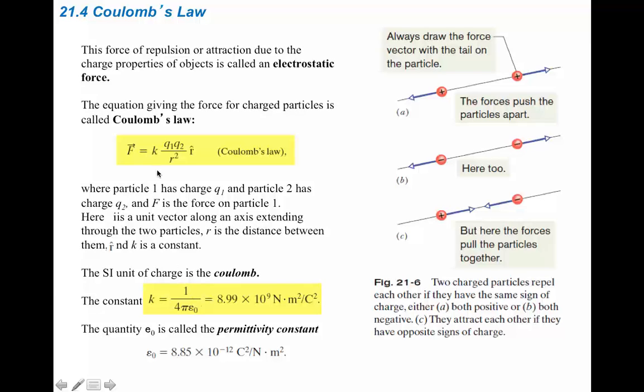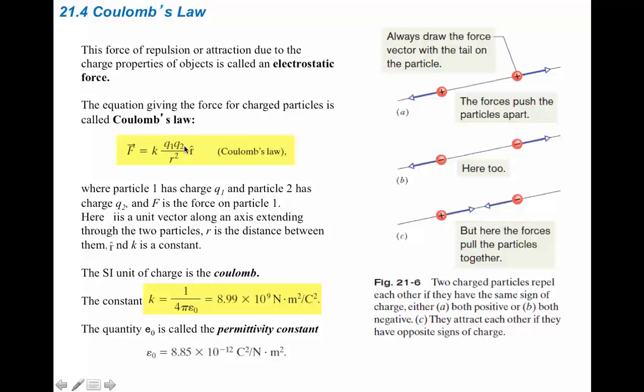We'll use both of these, both k and epsilon naught, in our various problems. There are a lot of analogies that you can make between the electrostatic force and gravitational force. You have the constant of proportionality, you've got the distance squared in the denominator.